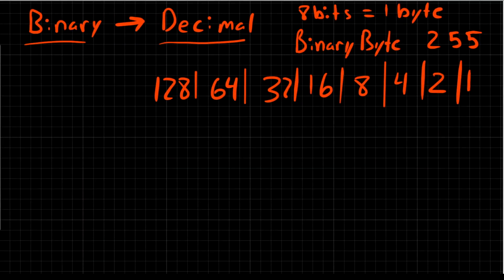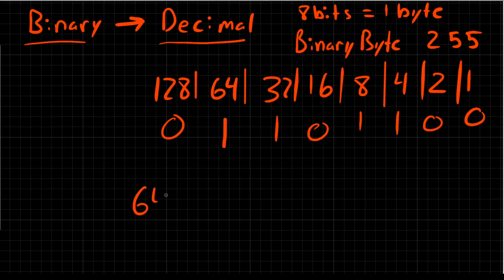Let's try another one here. Let's say that we are given the value 1101100, like that. Now, we can leave this place out, or we can add a leading 0 there if it helps us keep track of what we're doing. But we always want to proceed from the right to remember our places, just like we would in the decimal system. So here we're going to add up all of the places that we have.